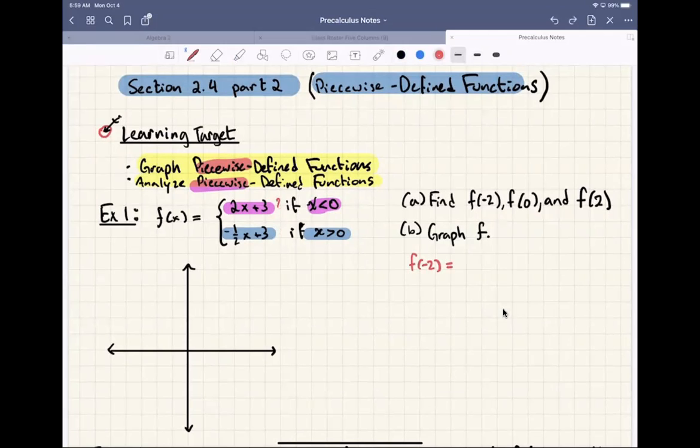Well, it's actually pretty simple. -2 is less than 0, so you plug that into this part, because this is the piece for x less than 0. You're going to get 2 times -2 plus 3. So f of -2 is equal to -4 plus 3, which is -1.